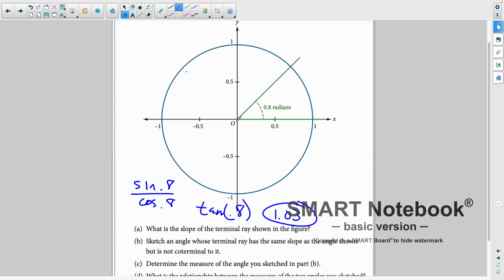If I were to extend this line right there, I'm in quadrant 3. Does that have the same slope as that line? Still positive. Okay? So I've drawn that. Now, I'd like for you to determine the angle of that right there. All right, so think about that. How do you find the angle measure for that one right there?